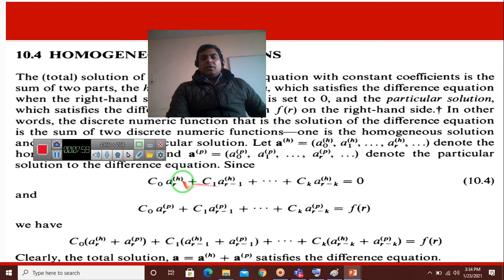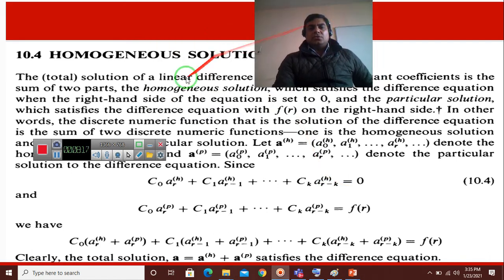So if you have 2 equations of the same form, one has 0 on the right hand side, and the second has f(r), a function of r. If you have 0 in the right hand side, then you will be able to find only the homogeneous solution.